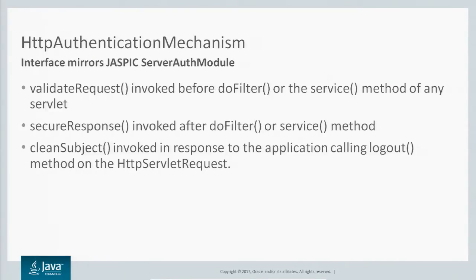The interface mirrors the server auth module interface. So the wrapper is actually pretty straightforward in terms of what it needs to do. It just delegates to this object it knows. The validate request method gets invoked just as in JASPIC before the doFilter or service method is called. Secure response is invoked after doFilter or service, and clean subject is invoked in response to the application calling logout on its HTTP servlet request.